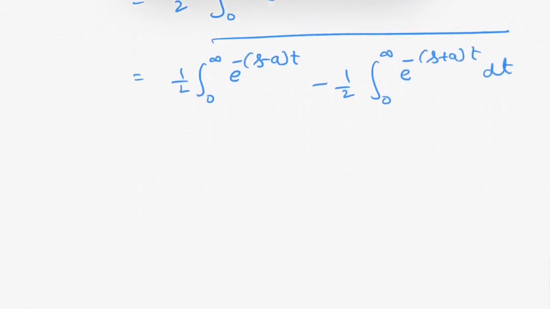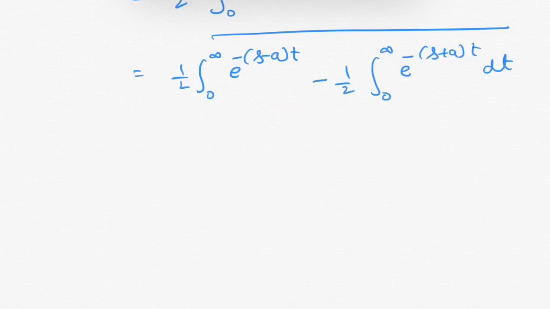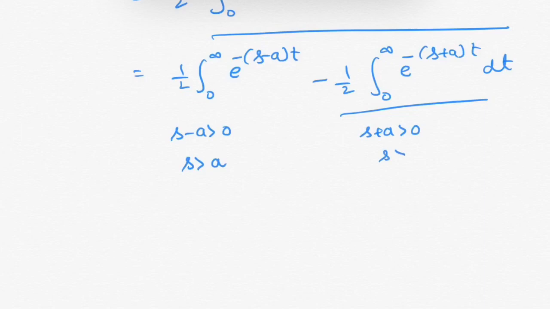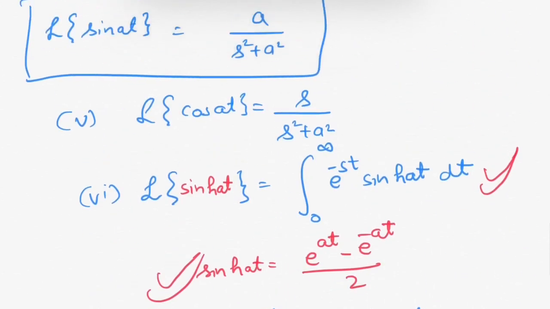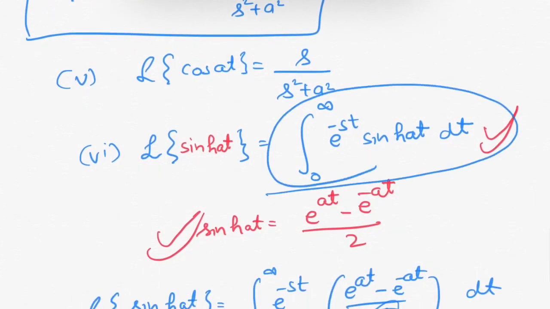Okay, first integral will converge if s minus a is greater than 0, that is s is greater than a. And second integral will converge if s plus a is greater than 0, that is s is greater than minus a. So in general I can say this whole integration will only be convergent if s is greater than modulus of a.